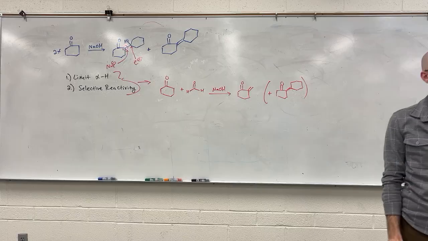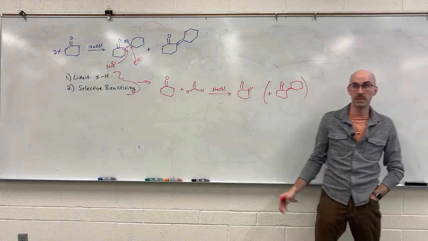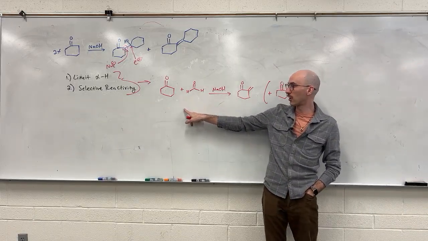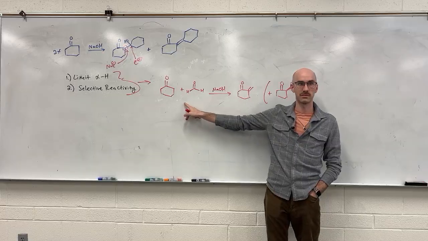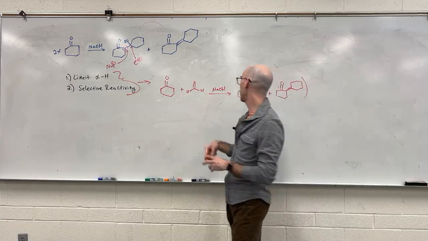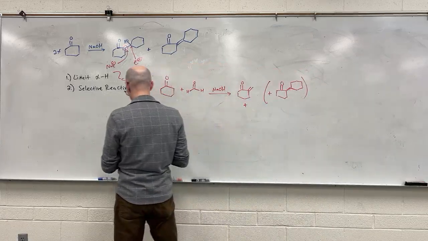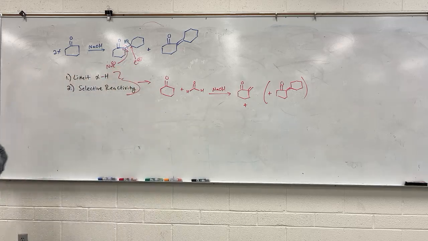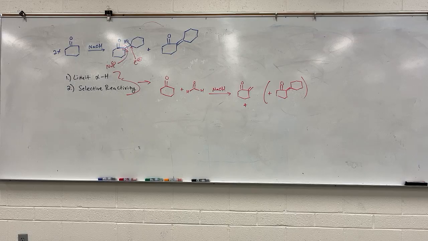Let's do a little pop quiz. Can you draw the beta hydroxy aldol addition product that forms from this reaction? What patterns can you recognize from the example in blue that you can copy and paste into a new molecule with formaldehyde?